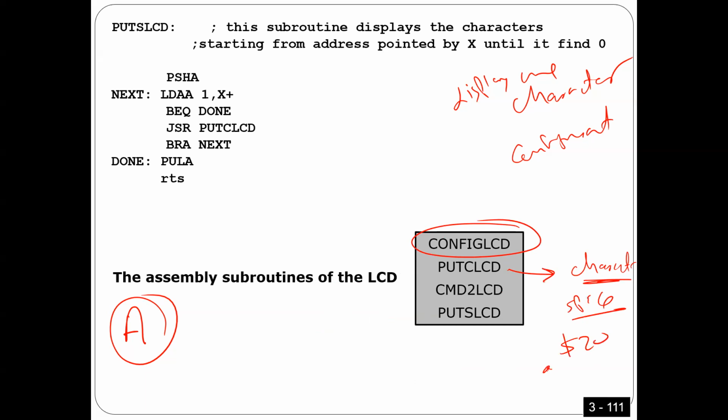It can be a dot, a dash, an asterisk, or an equal sign. All of them are characters, and they have ASCII codes. You can use this one if you want to write a command. This one is used if you want to display a complete message, not one character, a complete message.